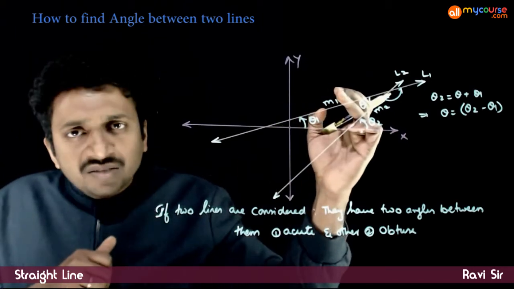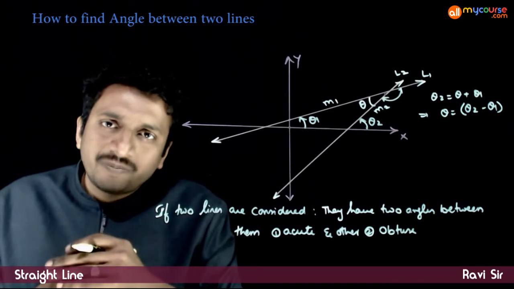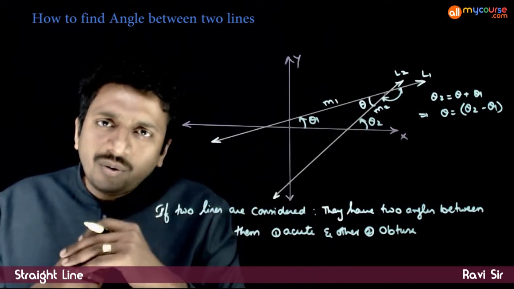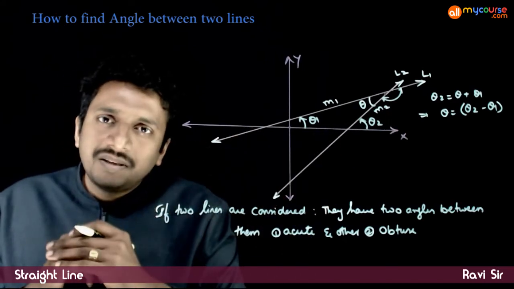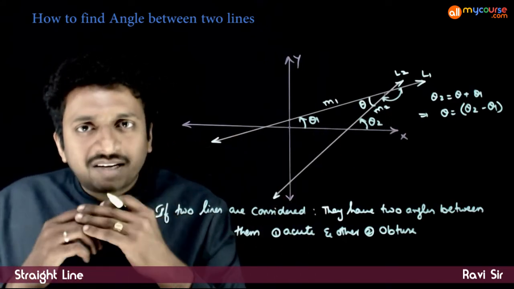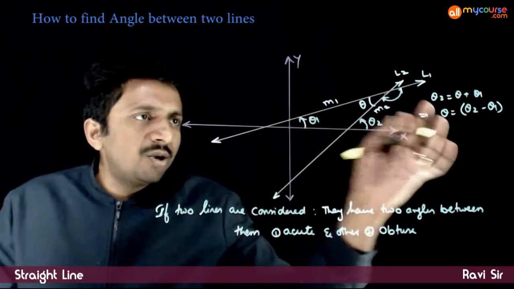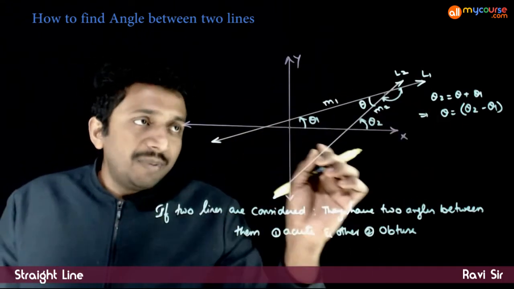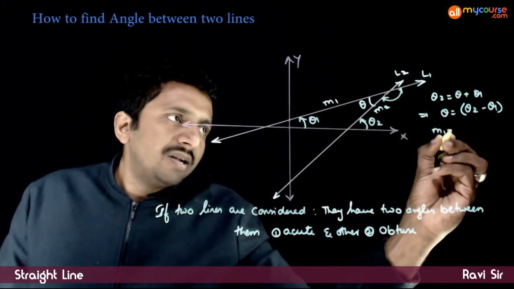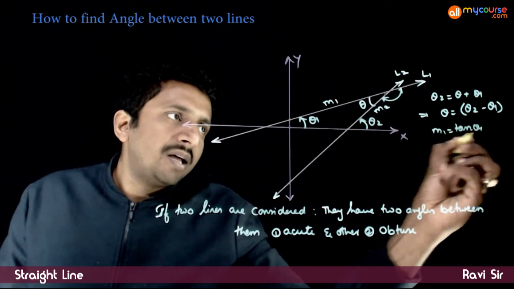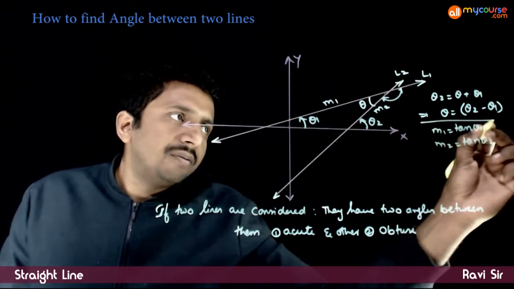If the slope is given as 1 by root 3, you can very easily find the inclination as 30 degrees. If the slope is given as root 3, the inclination is 60 degrees. So assume that the slopes of these lines are given. That means instead of theta 1 and theta 2, tan theta 1 and tan theta 2 are given to you.